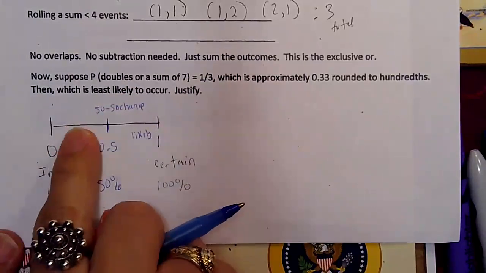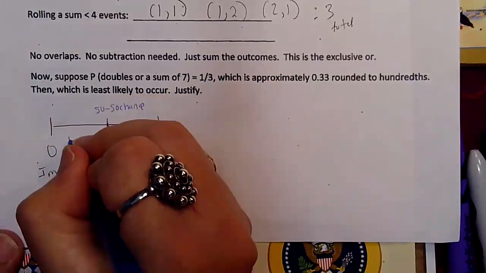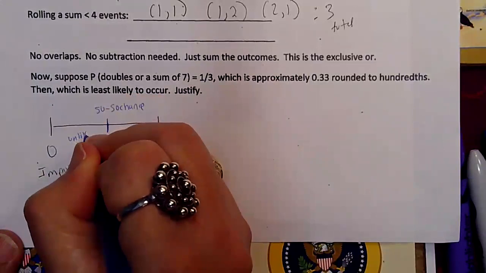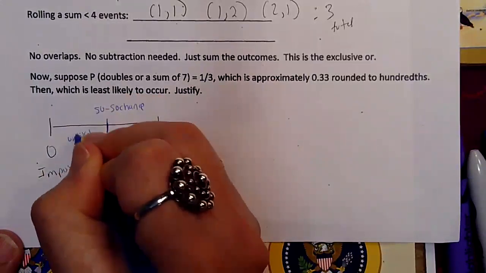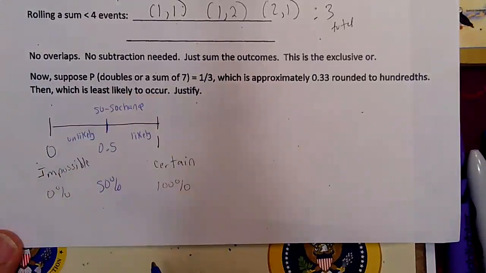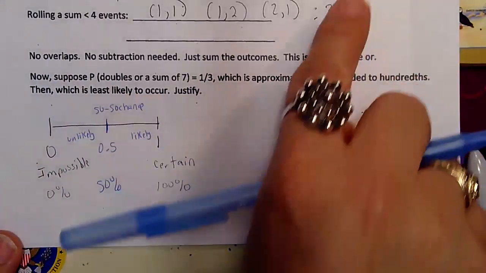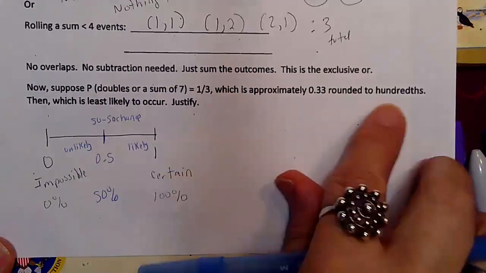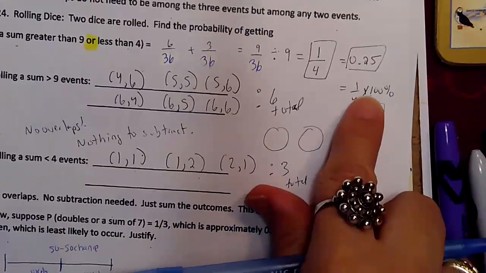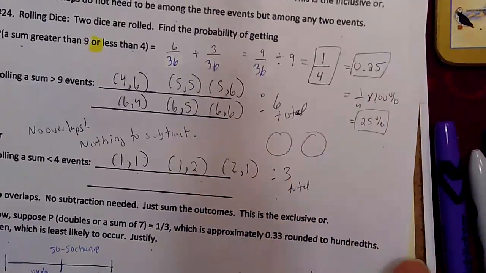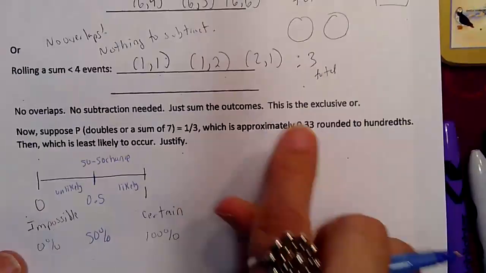If you land in this area here, you're unlikely to occur. And we have these two percentages. We have the 0.25 and the 0.33.